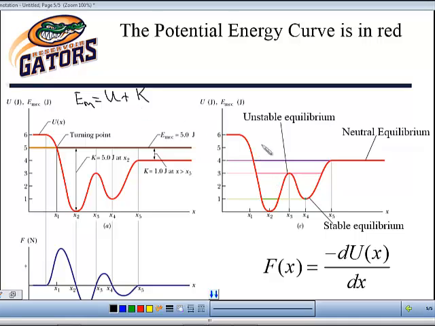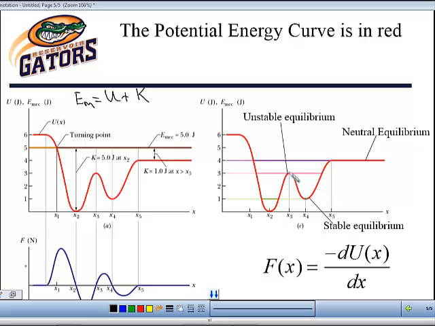Now, quick look at what unstable, stable, and neutral equilibrium are. It's kind of easy to visualize if you think of this as a roller coaster. If your car is at the top of the roller coaster and in equilibrium, means the net force is zero acting on it, and let's say you're at rest up here.